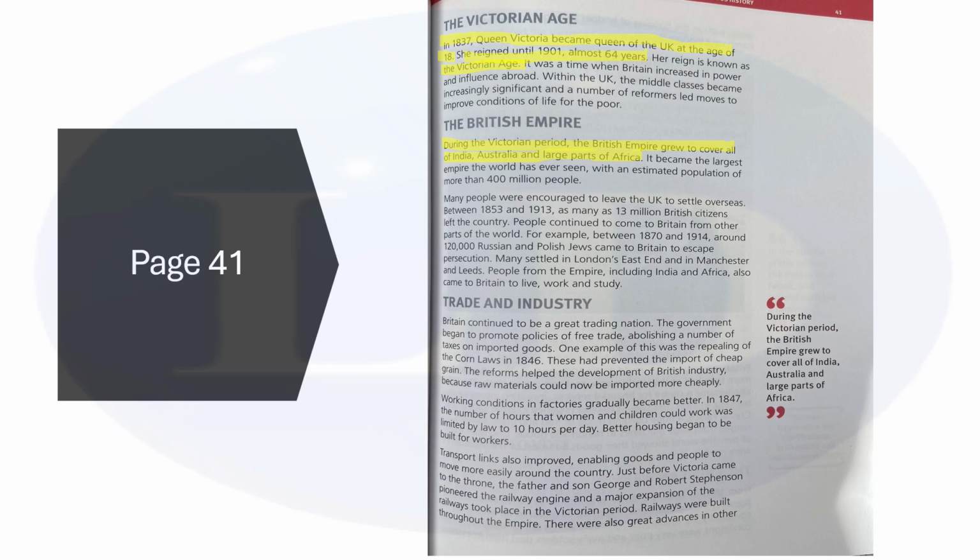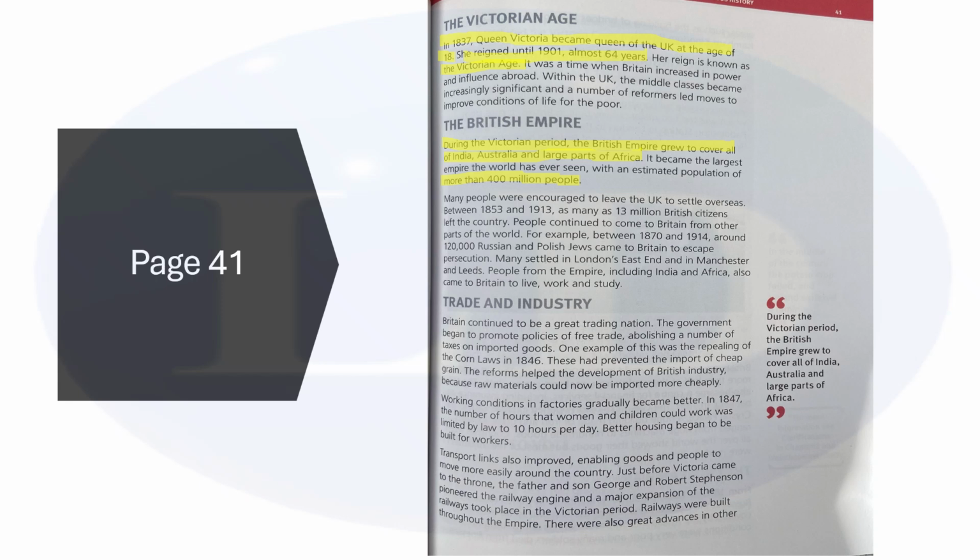You will have India, Australia, large parts of Africa, and one more place, and you will have to choose these 3. It became the largest empire the world has ever seen, with an estimated population of more than 400 million people. You will have a question about that: how many people were living in the British Empire during the reign of Queen Victoria? So, 400 million.